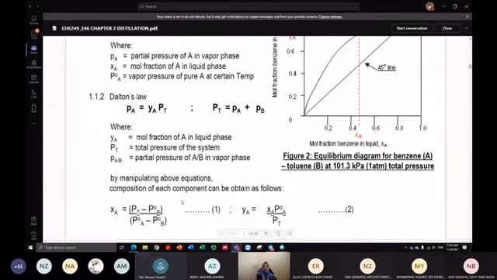What is the value of the constant pressure? 1 atm, which is 101.3 kilopascal. Even though you don't have the partial pressure of A or B in the vapor phase, you are given the total operating pressure, 1 atm. So you can use equation number 1 to calculate XA.